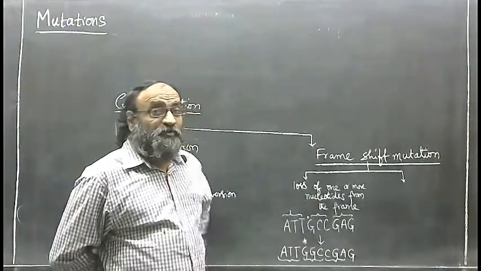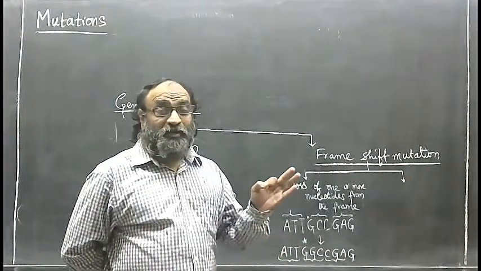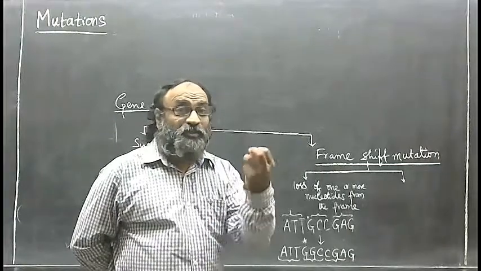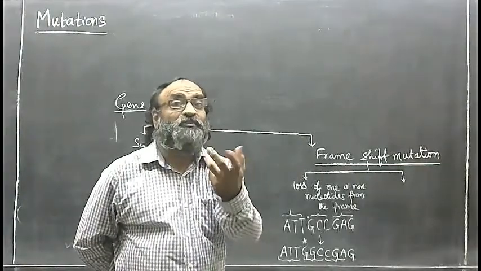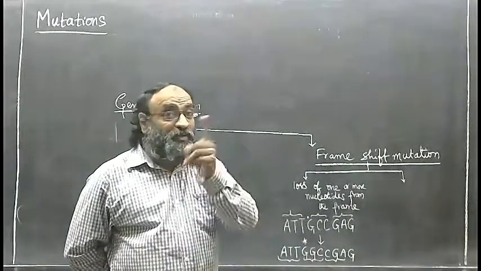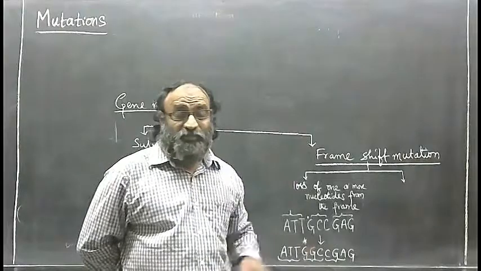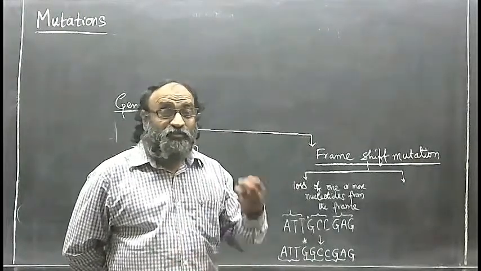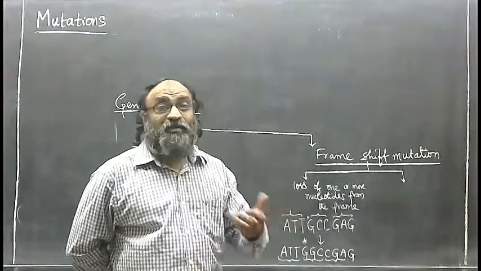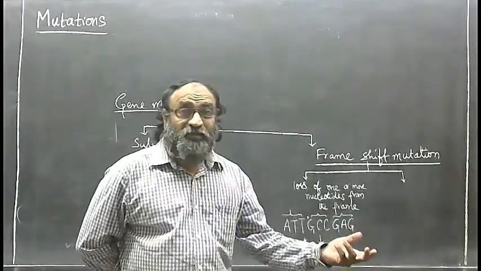You observe this. The addition of one nucleotide alters the fate of the protein chain that is going to be synthesized. The addition of one or two nucleotides may alter the fate of the protein chain that is going to be synthesized, or may alter the character that is going to be derived.